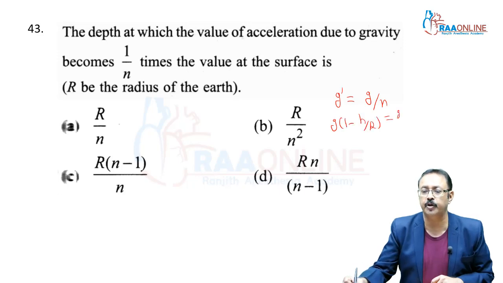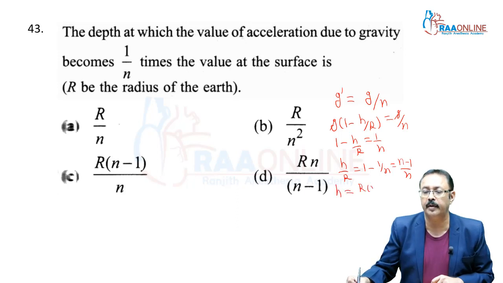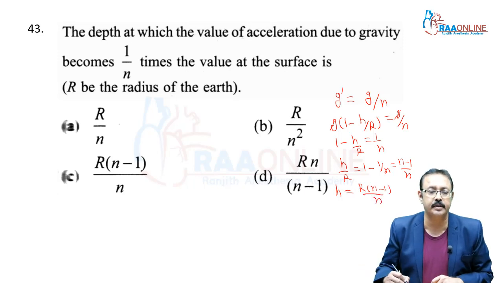Cancel g with g. What we are getting is 1 minus h upon r is equal to 1 by n. So h upon r is equal to 1 minus 1 by n, meaning (n minus 1) by n. So h should be r into (n minus 1) by n. So we are going with option C.